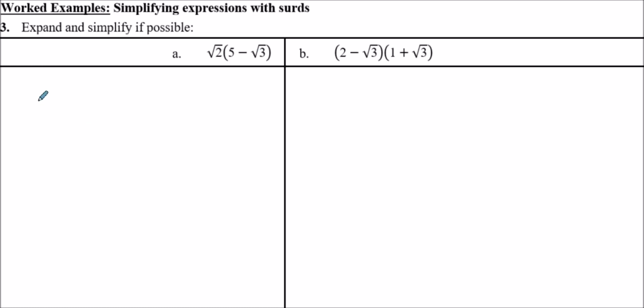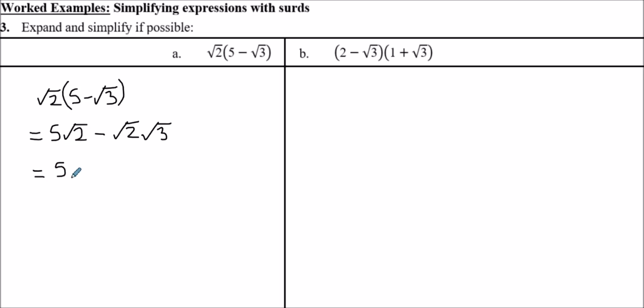What we're going to do first of all, root 2 times 5 is 5 root 2. Then we're going to have minus root 2 root 3. So 5 root 2 is just 5 root 2, and then minus root 2 times root 3, that's the same as root 6.